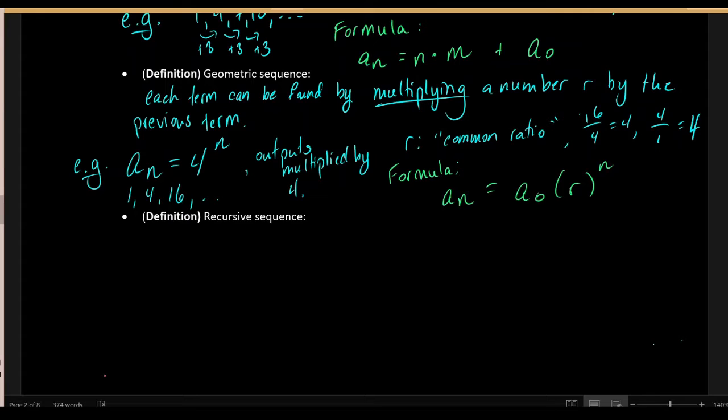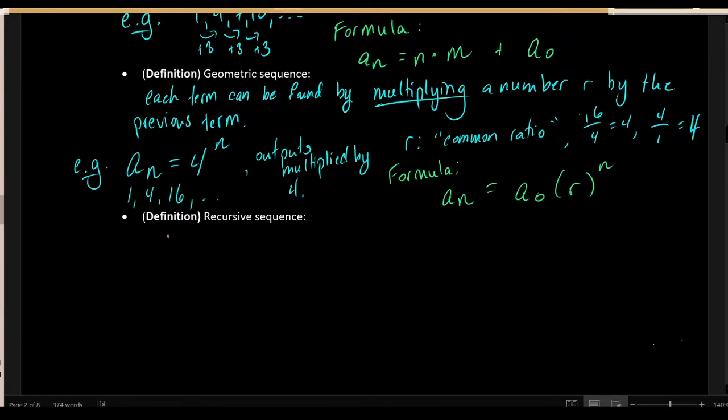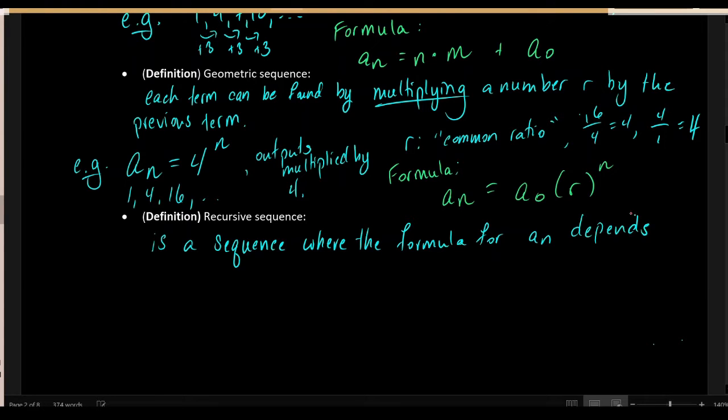Now, the final example of a sequence that we considered was an example of a recursive sequence. A recursive sequence is a sequence where the formula for a sub n depends on previous terms in the sequence.